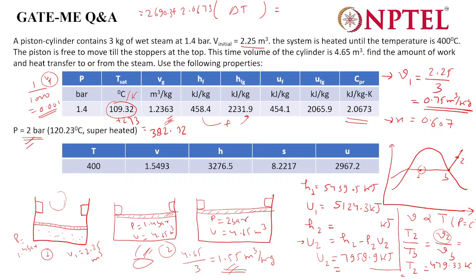Yes, sir. You consider this, and here I will be writing. Just calculate and let me know how much it is. I am also doing it, so we will confirm what it is. 382.32. Just tell the value of this.